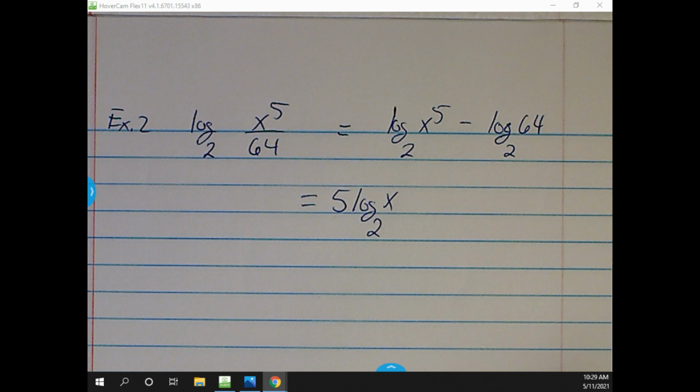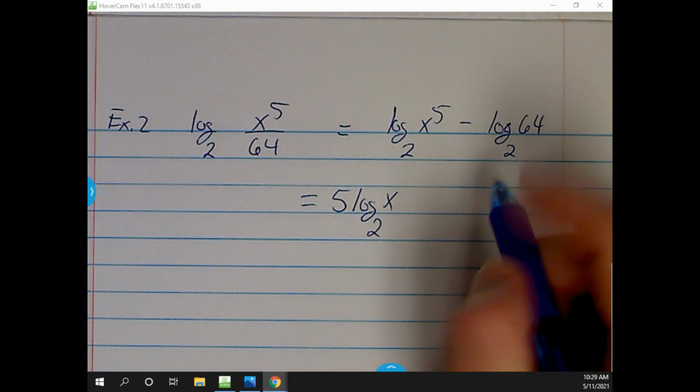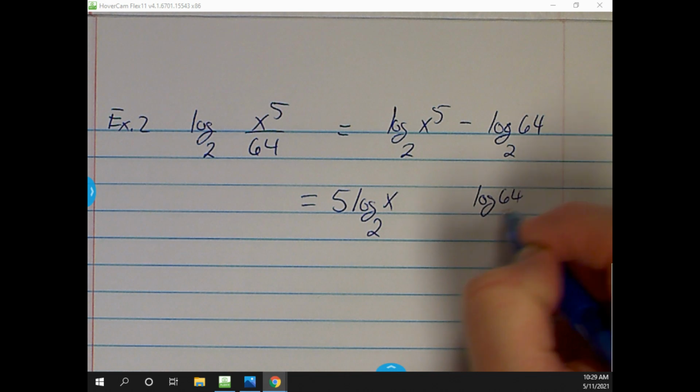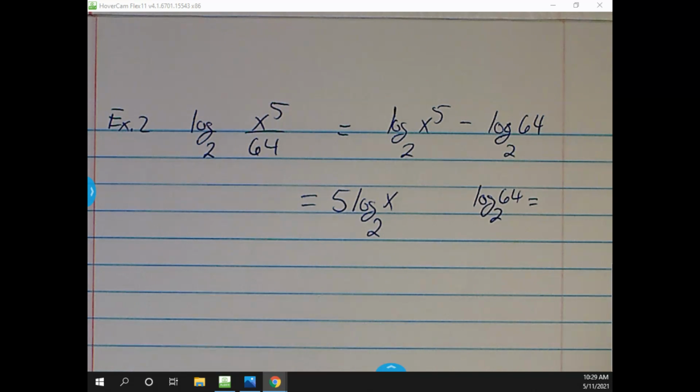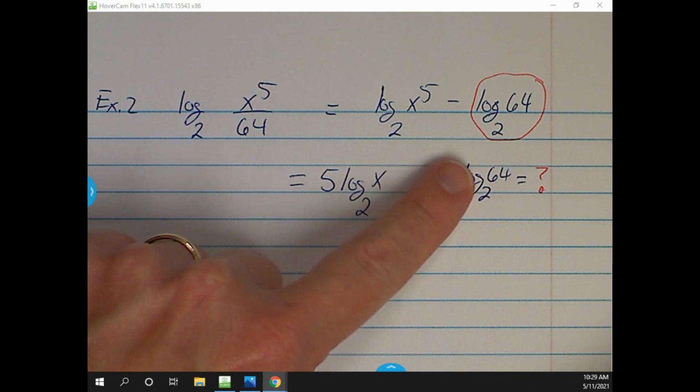And then this part is where we're going to try to figure out, okay, if we've got the log of 64, base 2, the question mark is, does that equal some number that we could go back and rewrite this thing as? Okay. And again, if it's written here, we can go back and rewrite it in exponential. So if we do that, again, we'll get rid of the word log.